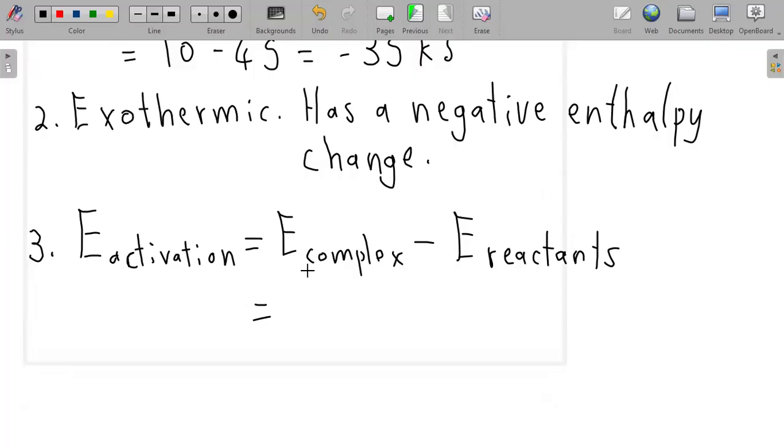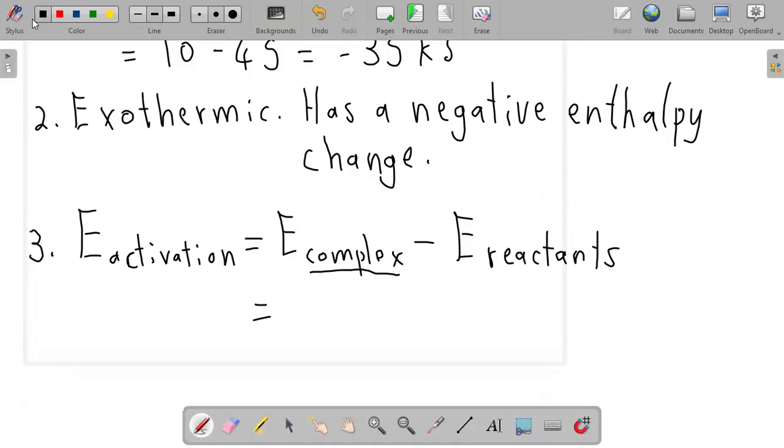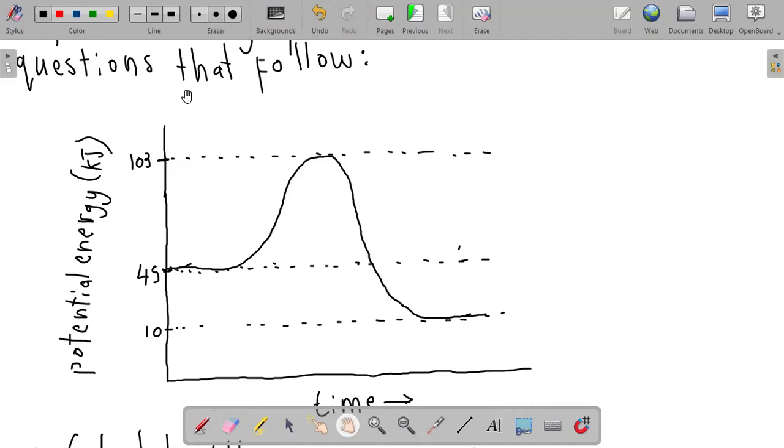Where are we going to get it? On the graph, we look at the maximum point here. This is the energy of the activated complex, and this is the energy of the reactants.